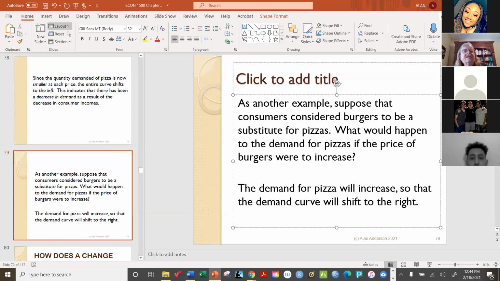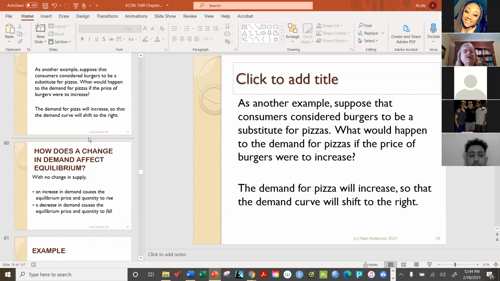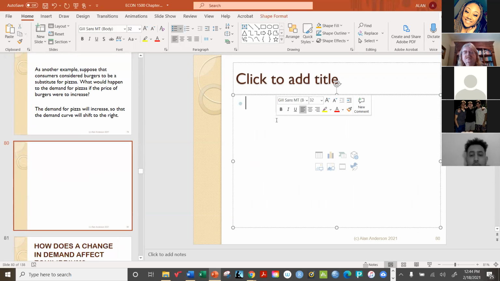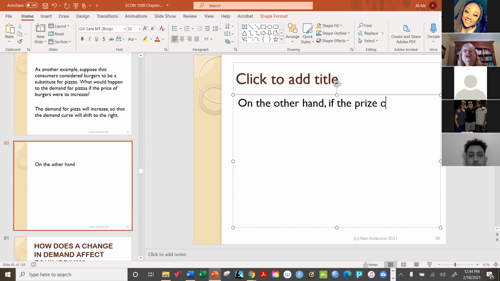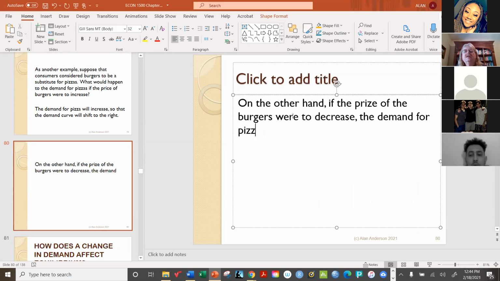And that, of course, indicates that if the price of the burgers goes down, on the other hand, if the price of the burgers were to decrease, the demand for pizza would decrease.